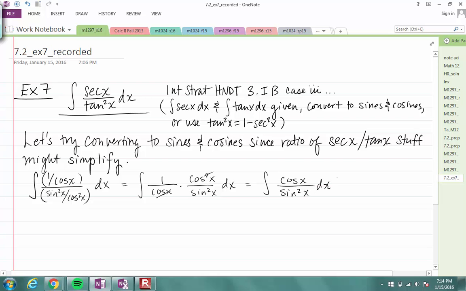Now what? Well, there's actually two options that are equally good, and I'm going to do them both. Method 1 is picking up here and saying to yourself, maybe I can write this in terms of not sine and cosine, but something like cosecant. And is that a basic integral that I know, or is on my formula sheet?